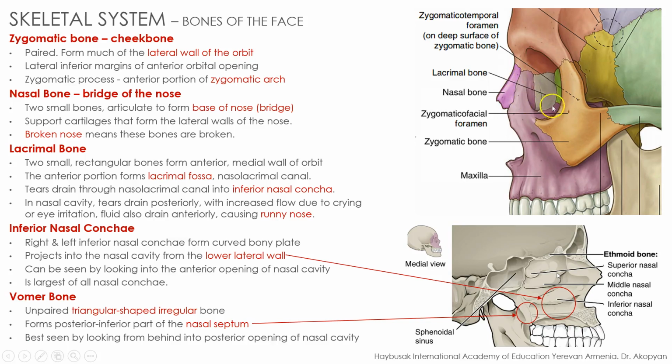The lacrimal bone is a rectangular bone that forms the medial wall of the orbit, articulates with the ethmoid, frontal, and maxillary bones, and houses the lacrimal canal, through which passes the lacrimal duct that drains the tears into the inferior nasal concha.